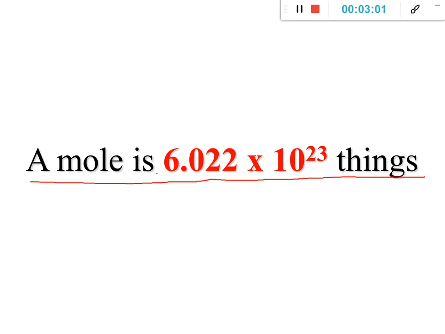It is just a group, and the size of that group is 6.022 times 10 to the 23. We have 4 significant digits here, so that gives us lots of precision. We won't be limited by the precision of our number of things in a mole. Plus 22 will help you remember the exponent on the 10, which is 23. So 6.022 times 10 to the 23.